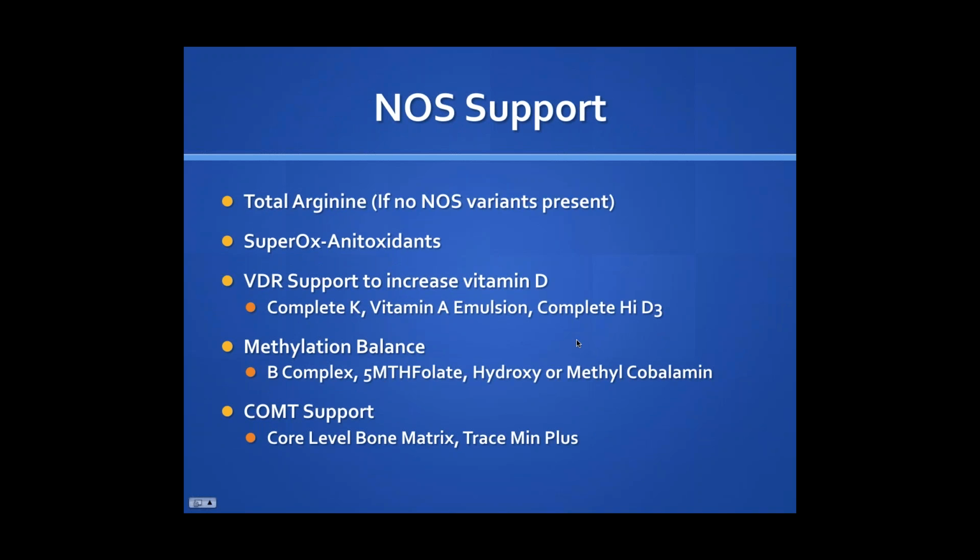VDR support, we have complete K, we have vitamin A, we have complete high D3 to increase the vitamin D. We have methylation balance, B complex, which includes the active forms now, the new B complex with NutriWest has the methylfolate and the methylcobalamin in it. Then we have the 5-MTHF, hydroxy or methylcobalamin, and then the COMT support. When you get all those balanced, then the nitric oxide pathway is more likely to stay on the right side of the pathway.